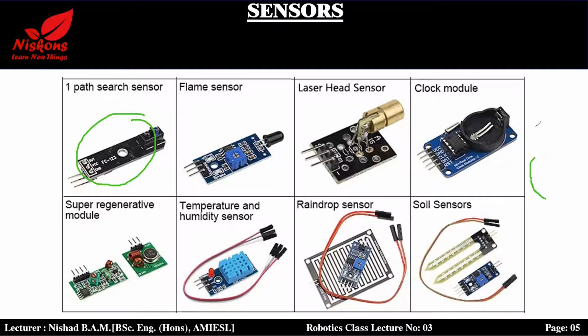I can show you. We can create a line path. We can get cello tape and draw a line on the floor like this. Then you can place a sensor here. If you place the sensor on the light, you will activate an alarm.